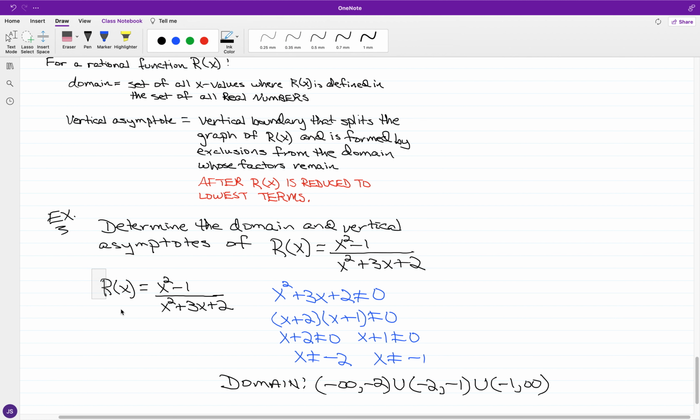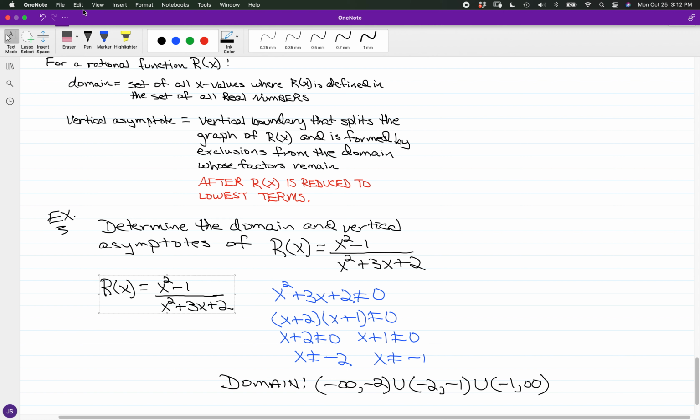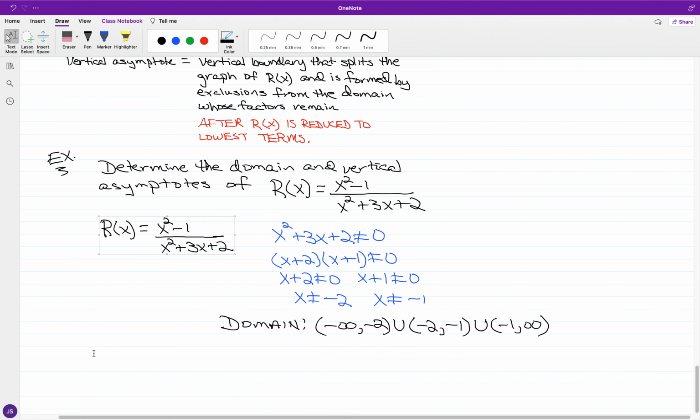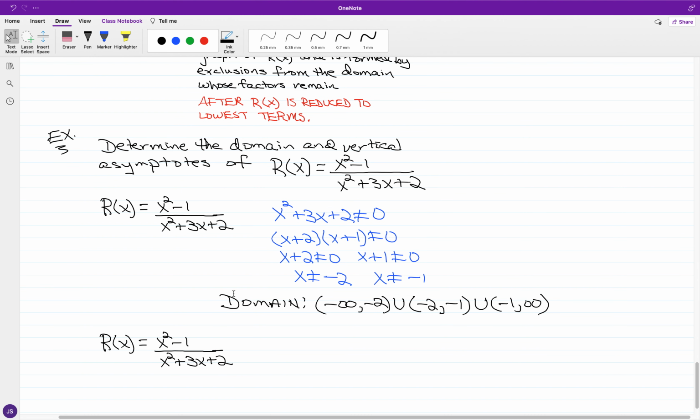Now for the asymptotes. For x squared minus 1 over x squared plus 3x plus 2, the numerator is a difference of squares, and the denominator factors into x plus 2 and x plus 1.